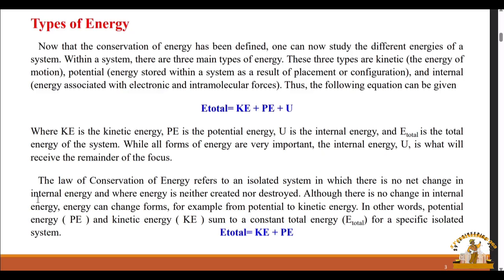Although there is no change in internal energy, energy can change forms, for example, from potential to kinetic energy. In other words, potential energy P and kinetic energy K sum to a constant total energy, E total, for a specific isolated system: E total equals K plus P.